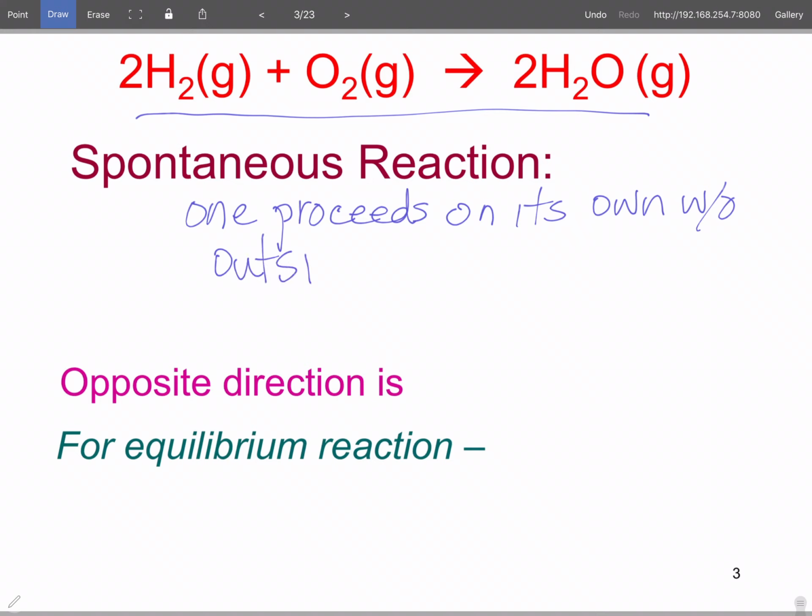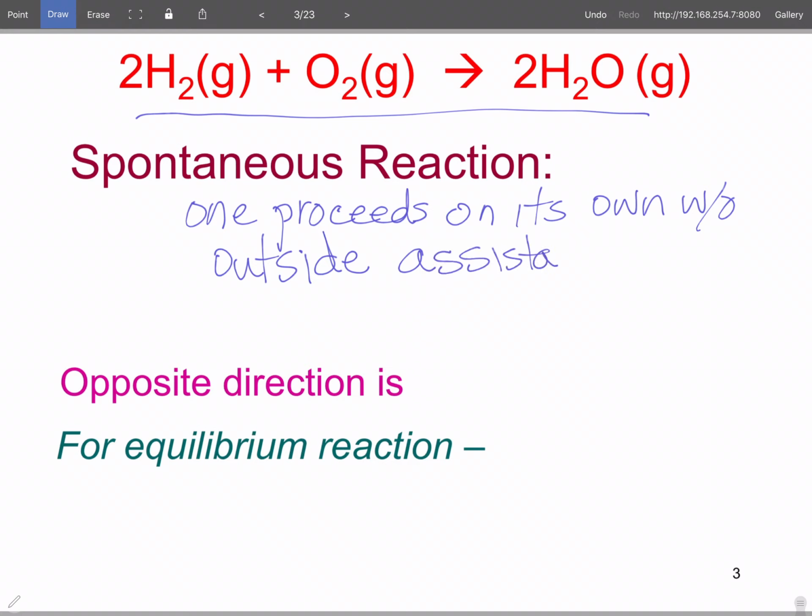For example, if you've got a ball balanced on something and you push it, then it can't be spontaneous, because if you do something to it to make it go or react, then it is not spontaneous.